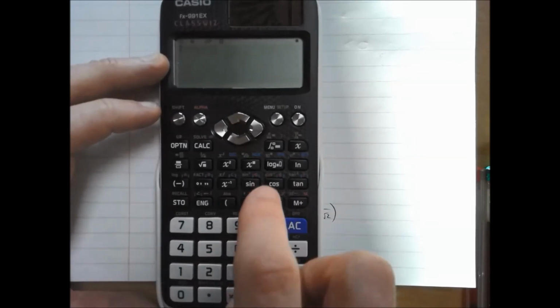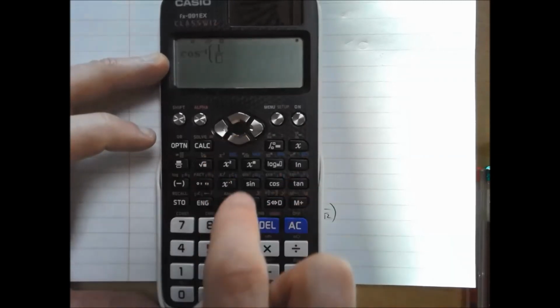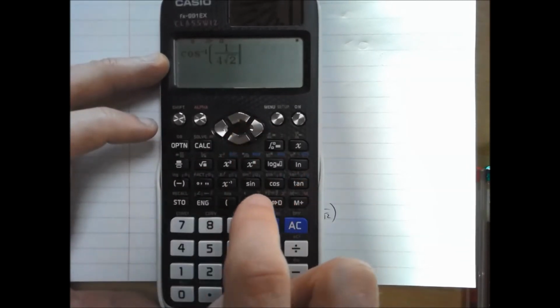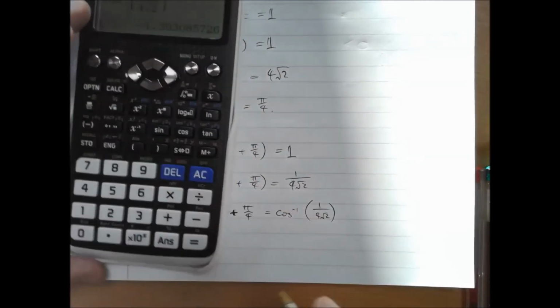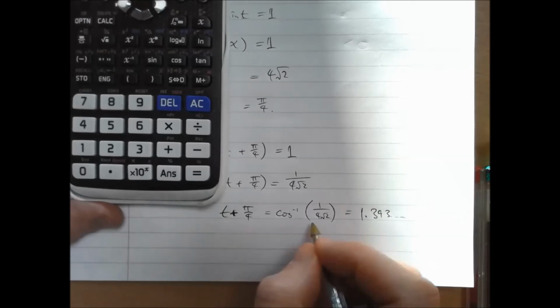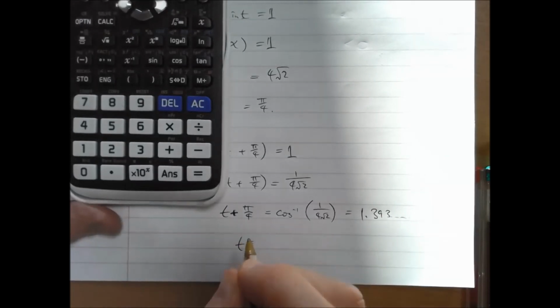Right, inverse cos of 1 over 4 root 2. Right, 1.393, etc. Subtract across that pi over 4.